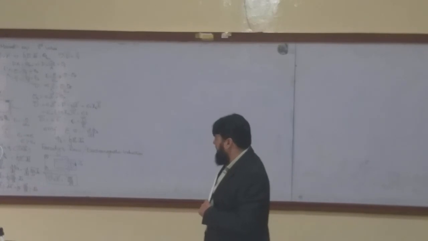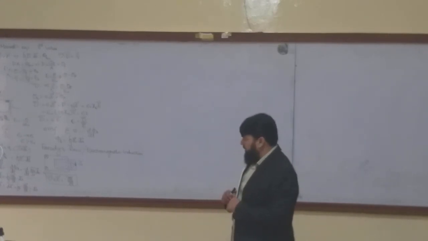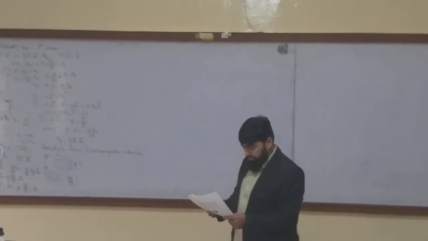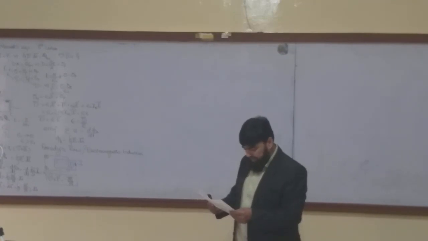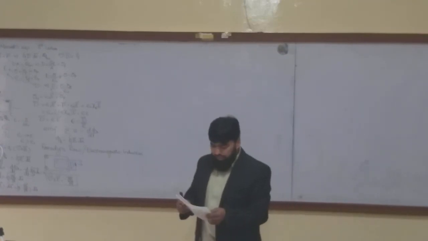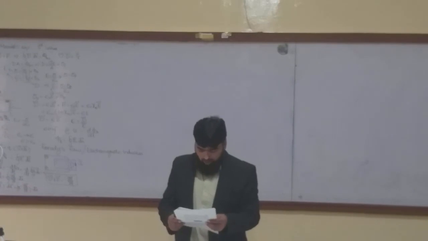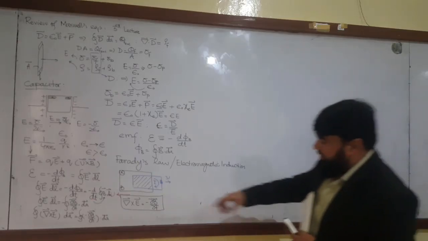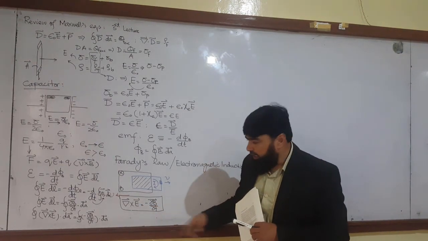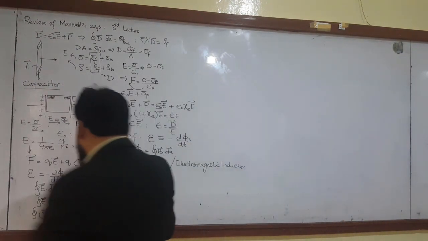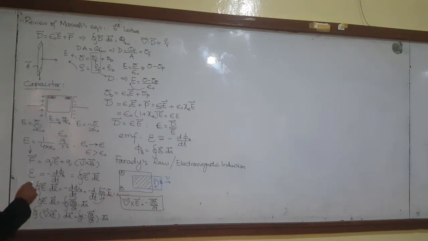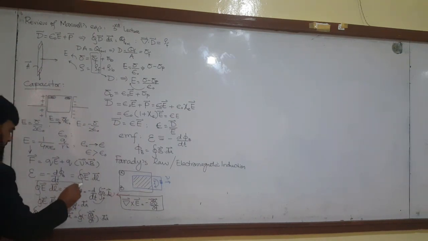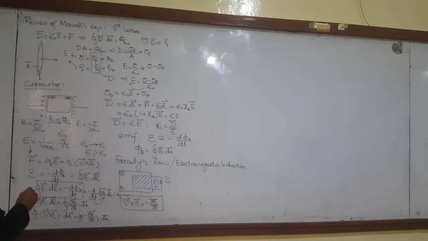So this is the differential form of Faraday's law, and you can convert it into integral form. Just write dot dA, and this will be the differential form. The integral form is E dot dl equals minus d phi B over dt.